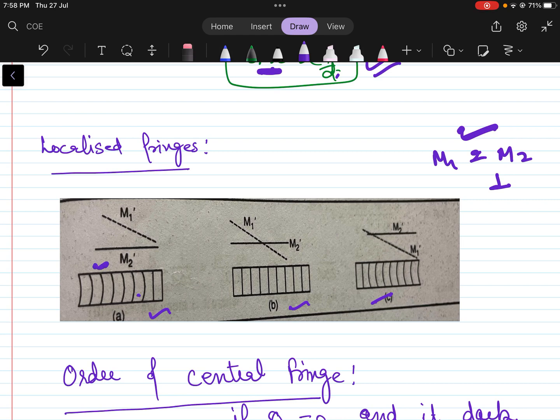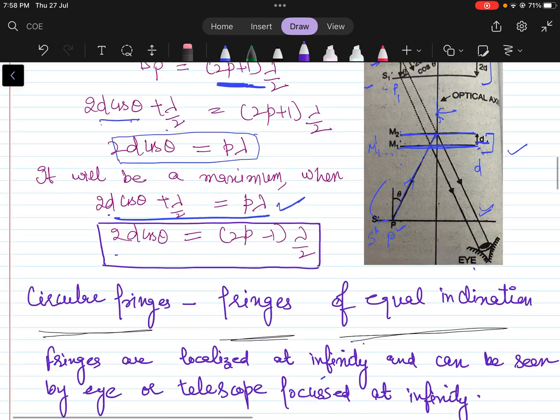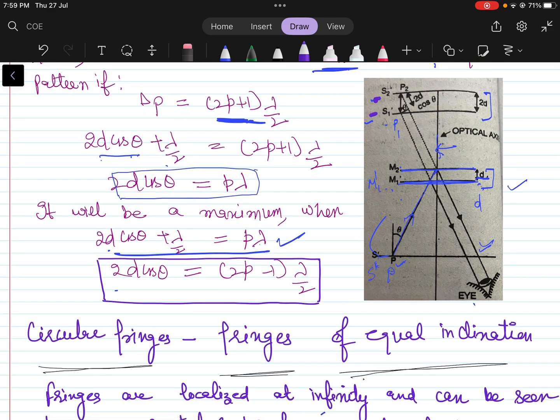And we get localized fringes of equal thickness located between S1 dash and S2 dash, as we have seen in this figure. This is S1 and S2.